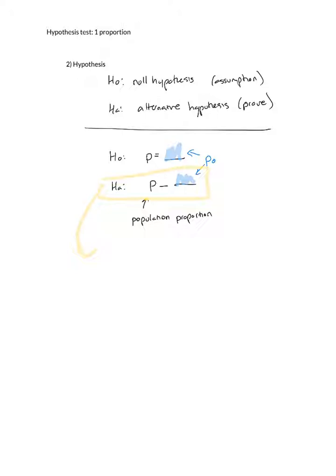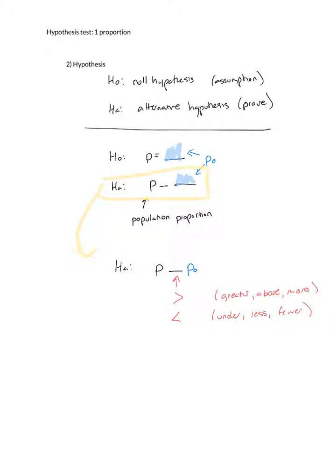Our alternative hypothesis will have P, and over on the side here we'll write whatever P naught is, and in between we can write either greater than, if we're trying to show it's greater, above, or more, or we can write less than, if we're trying to show it's under, less, or maybe fewer.